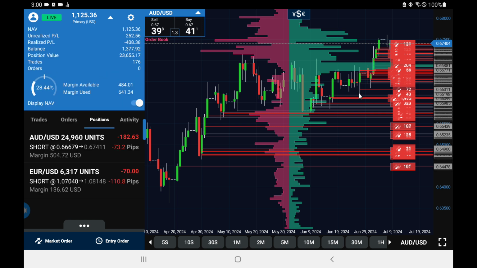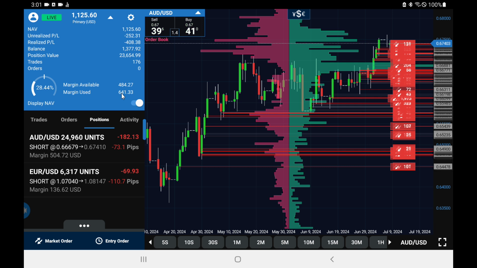And right now, if we look at the actual account, and this is a live real money account, you can see that right now my current account is 28% of my margin used. Here's my total amount of margin currently in play, or my exposure.